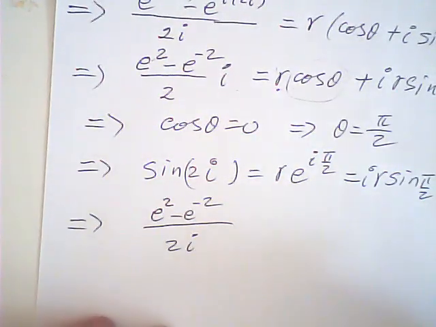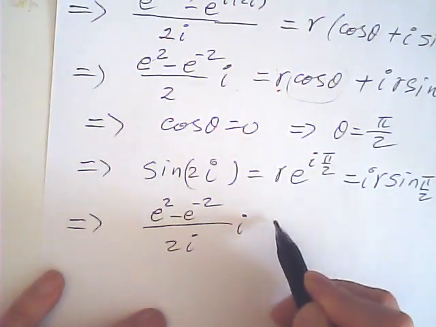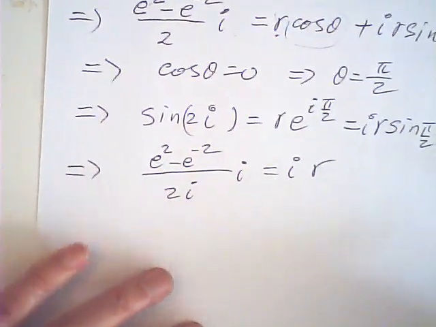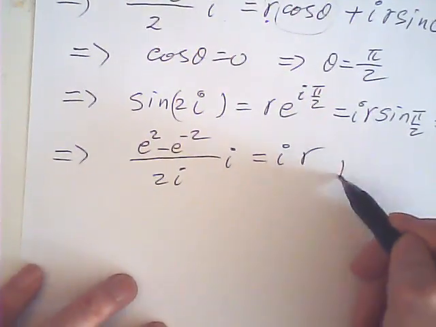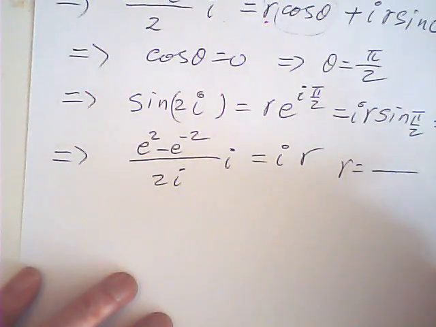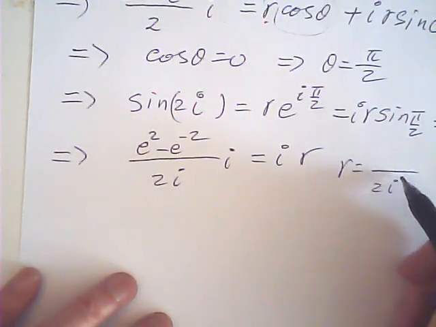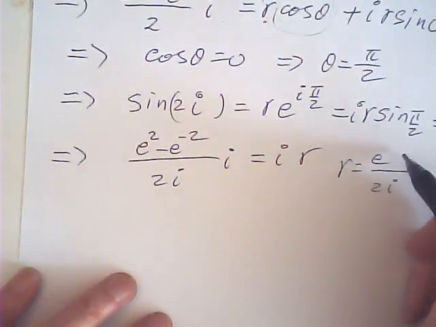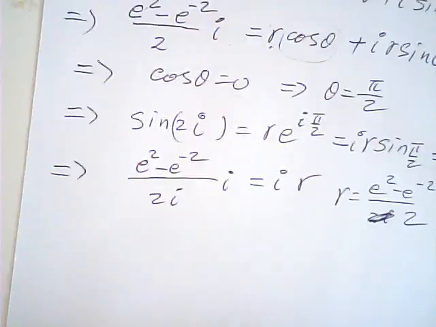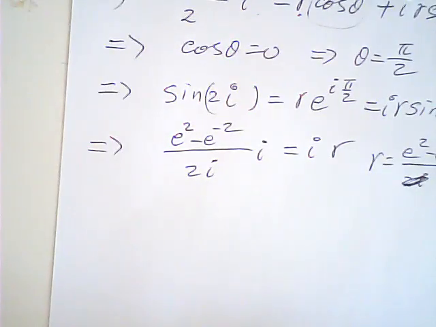So i is equal to ir, so r is equal to 1. Good.